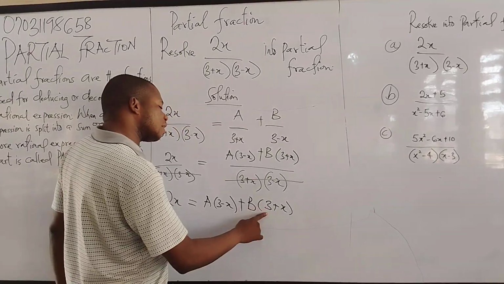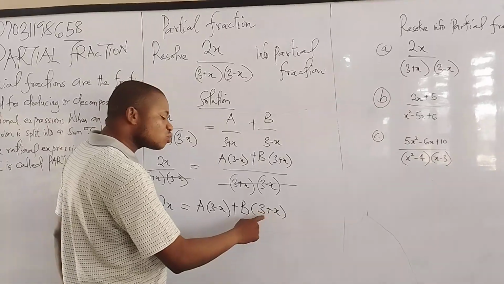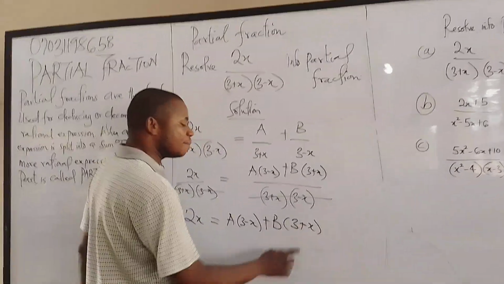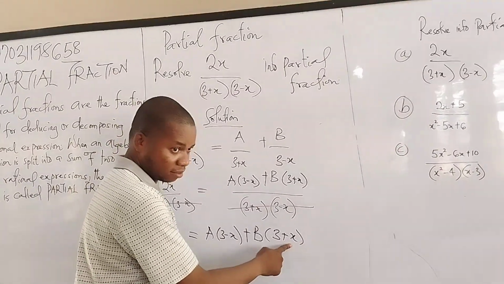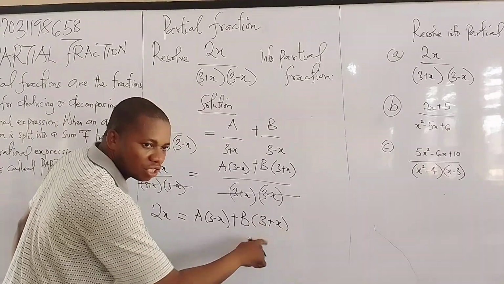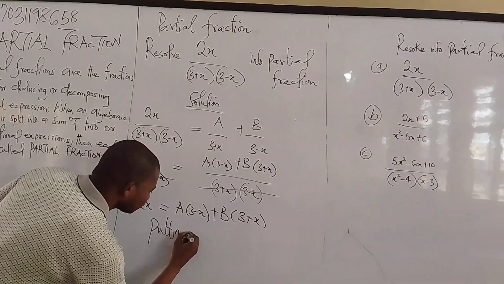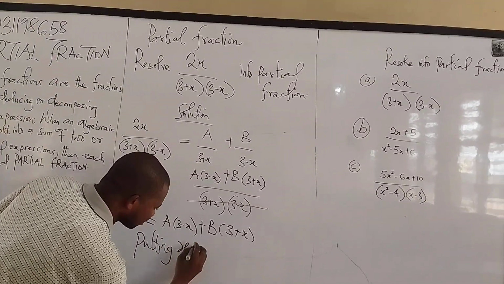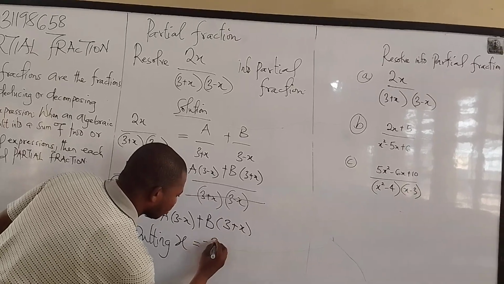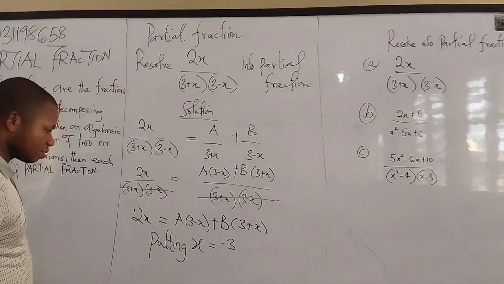So now you find out that our 3 here is positive. For us to have everything here to be 0, we say x will be minus 3, such that 3 minus 3 will give us 0. That's putting x equals to minus 3, meaning that any place you see x, you put minus 3.